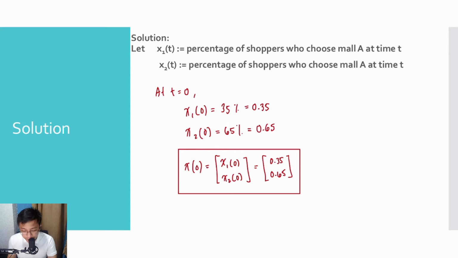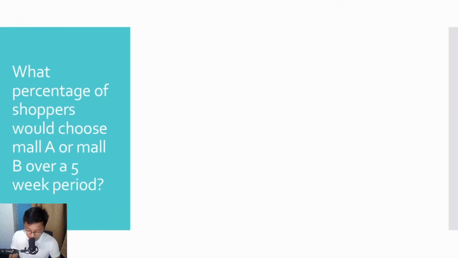Now let's observe what will happen after 1 week. How will these values change after a week? Let's solve first for Mall A. After 1 week, what will happen to the percentage of shoppers in Mall A?